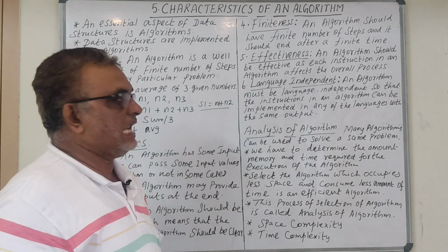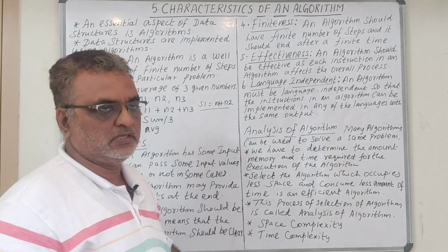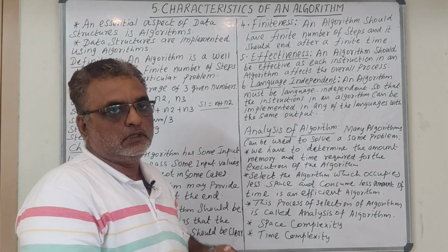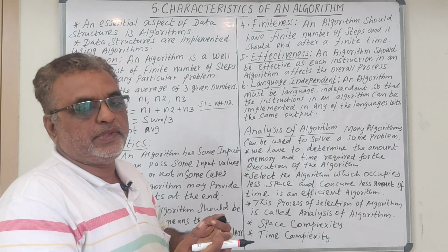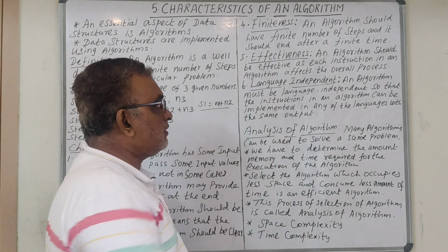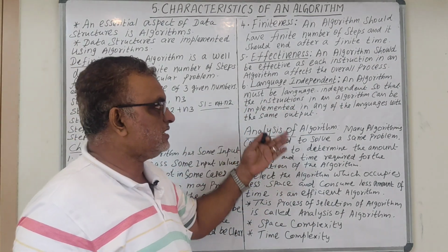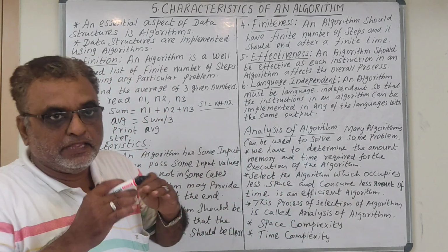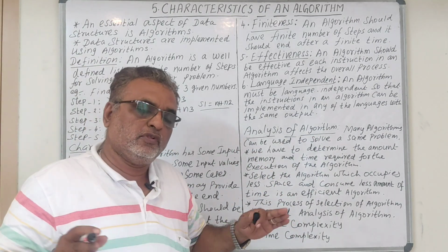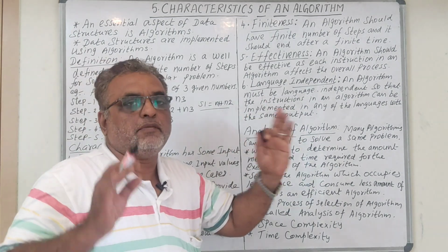Then the sixth one is language independent. See, we have programming languages, different languages. So if you write an algorithm, it cannot be dependent on that particular language. So an algorithm must be language independent so that the instructions in an algorithm can be implemented in any of the computer languages with the same outputs.